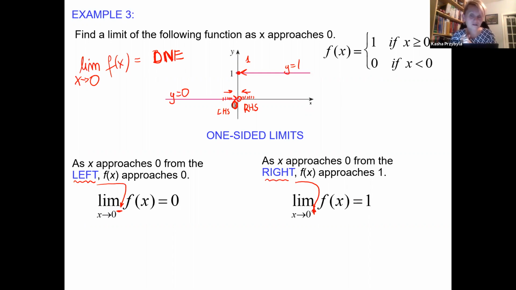Not really. You have to be careful that this is just a notation. We still have to look at the graph, or maybe later do some computation, and I can show you some examples. But just remember, of course, 0 from the right-hand side has positive numbers, and 0 from the left-hand side has negative numbers.